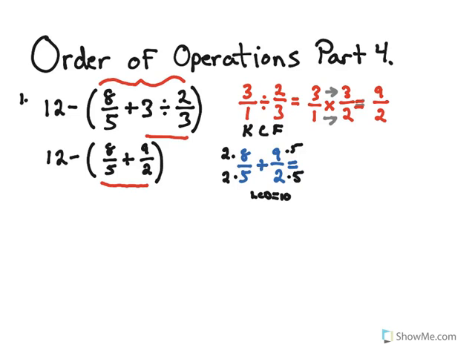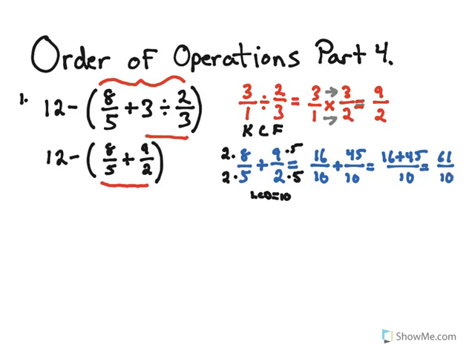So we can rewrite this as 2 times 8 is 16 over 2 times 5 is 10, plus 9 times 5 is 45 over 10, which can be combined as 16 plus 45 over 10, because the common denominator is identical now, so you can write it as one fraction. This gives you 61 over 10.